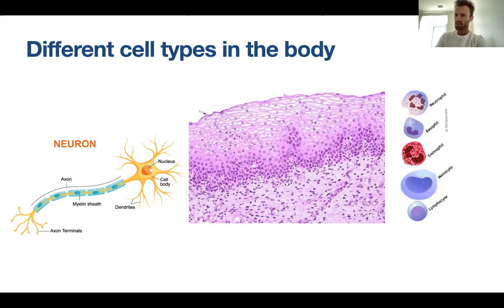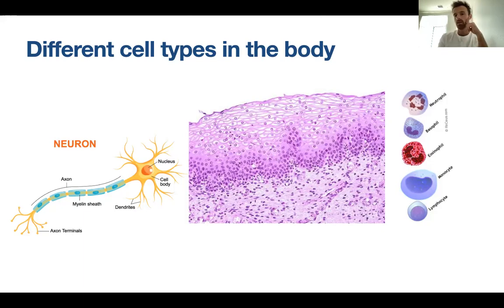Very, very different. And then here are some white blood cells. The eosinophil doesn't look white, but it's because of the specific stain. But these, again, look very different, and they're producing all types of different proteins involved in the immune system. The white blood cells function in the immune system to defend us against pathogens, against viruses, fungi, bacteria.